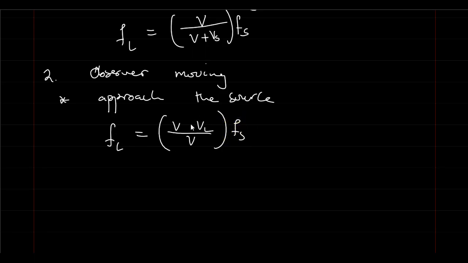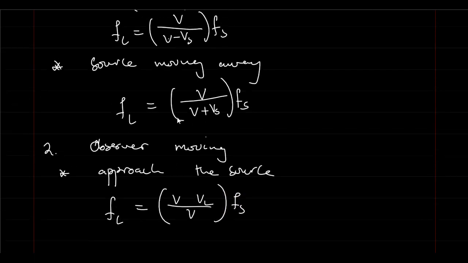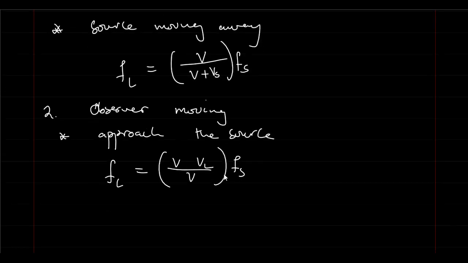Will it be plus or minus? Think about it. When the observer is approaching the source, the observer perceives more crests per unit time, meaning the perceived frequency will be higher than the frequency of the sound source. So we must have an improper fraction. So here it must be plus.